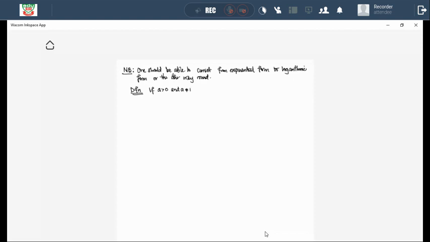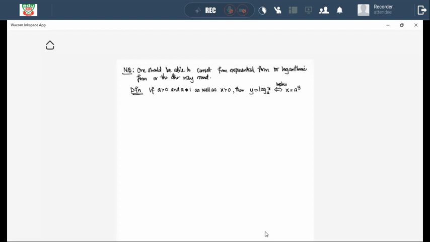So the base should never be negative, and the base should never be equal to 1, as well as x, the number, which should always be greater than 0. Then y = log x base a implies, and this symbol means implies, that log x base a is the same as x = a to the power of y.